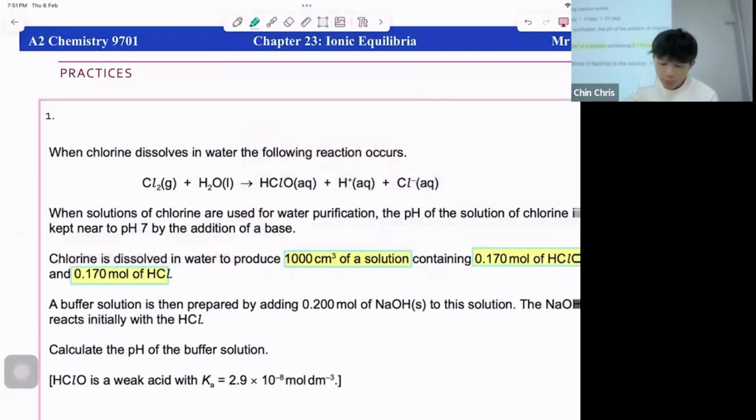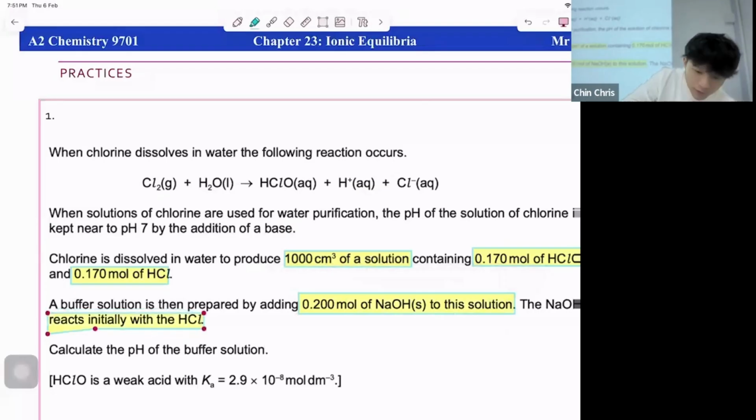A buffer solution is then prepared by adding 0.2 mole of NaOH into the solution. NaOH reacts initially with HCl. Keyword: initially with HCl. Okay, good.